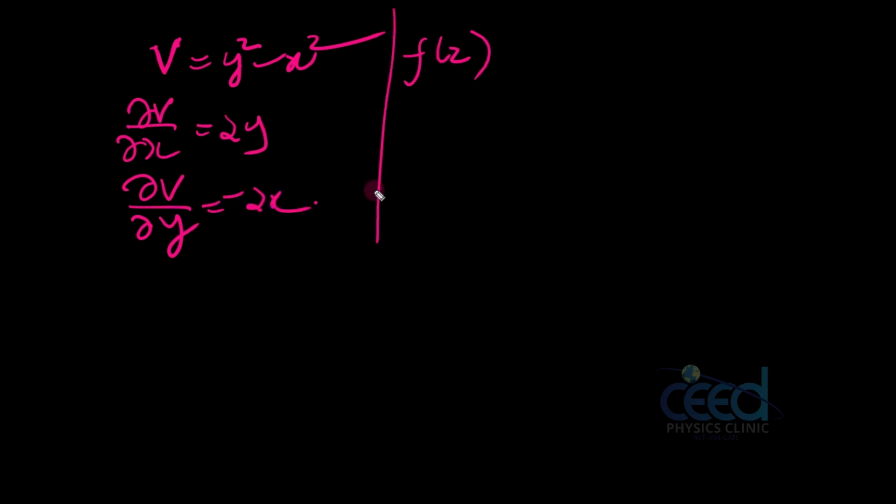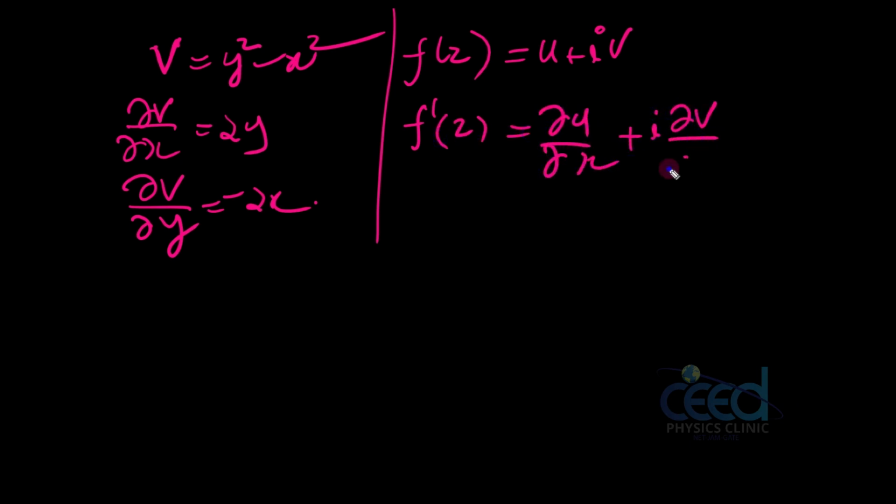Now we want to find f(z). f(z) is equal to u plus iv, right? So what is f'(z)? f'(z) is equal to ∂u/∂x plus i ∂v/∂x. Now by Cauchy-Riemann equation you can transfer this.